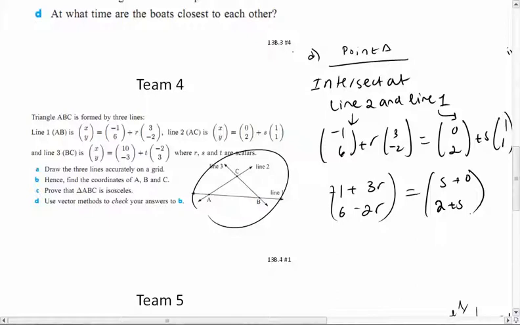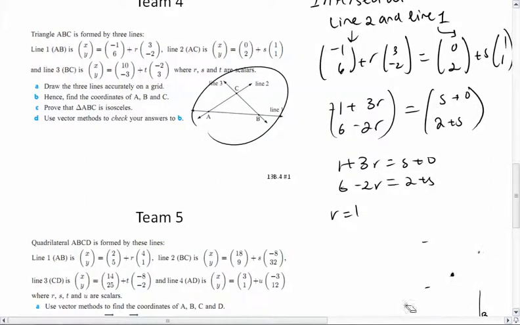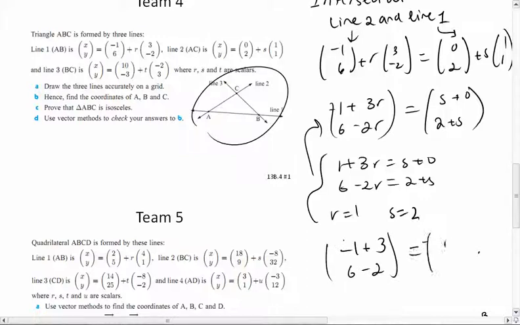This process is actually done in part B. We know that R equals 1 and S equals 2 from part B. So we plug R in here: minus 1 plus 3, 6 minus 2 equals 2 plus 2. So this is going to give us 2, 4 equals 2, 4.